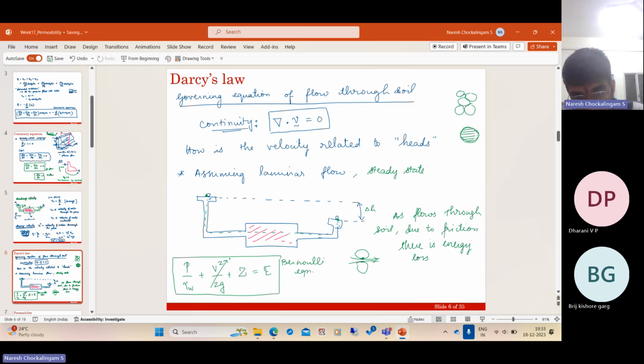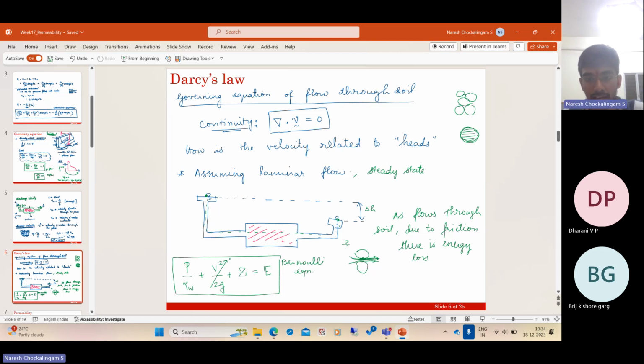As water drags against the soil particles, there is some potential difference which is causing water flow in this direction. But these are soil particles and water is flowing through them. As the water layers drag against the particles, there is friction. If you rub your hands for some time, you generate heat. That is basically frictional dissipation.